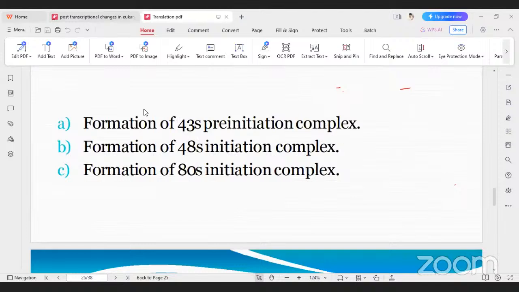Before that, you should write what are the remaining two. Actually, not given here. What are the remaining two? Hello? In initiation, five aspects mainly: 43, 48, 80. Before that, what are the two completed already?